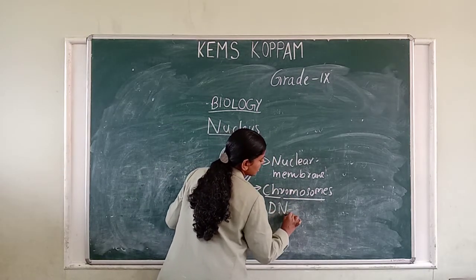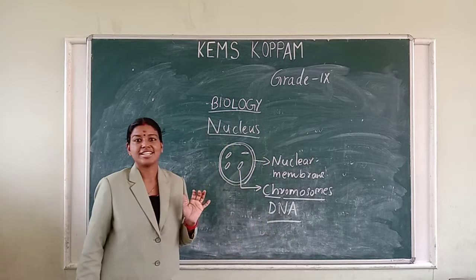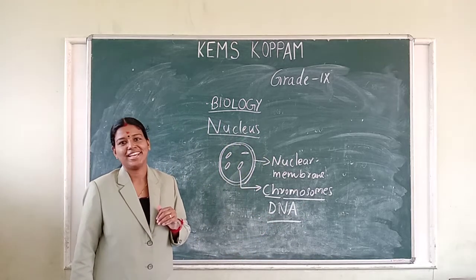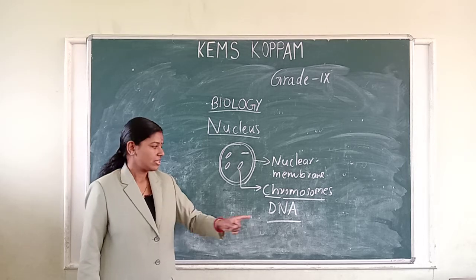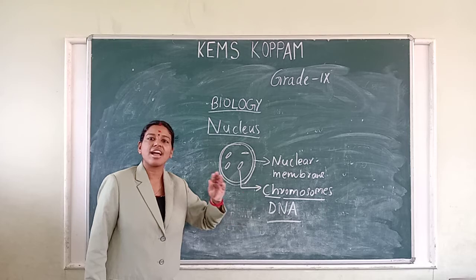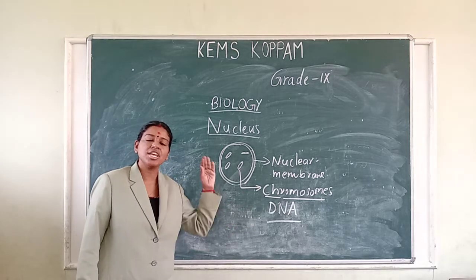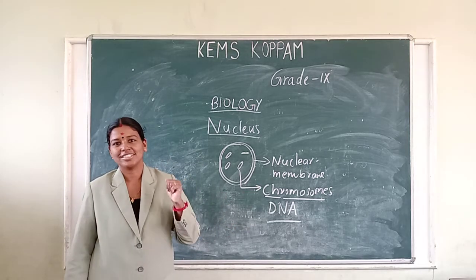So the inherited characters, how are we getting them? It is DNA that is transferred. You might have heard about the DNA test and all. Like that, this is the DNA that is transferring from our parents to the next generation, to the child.